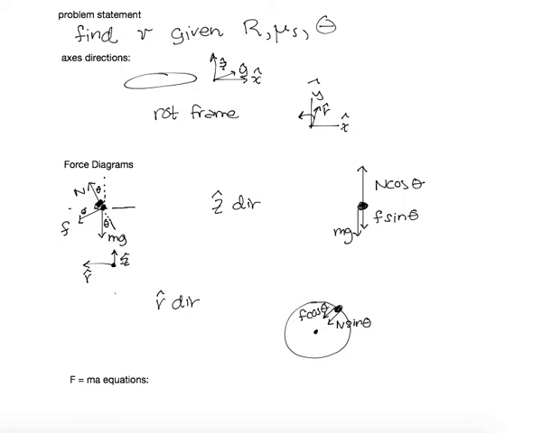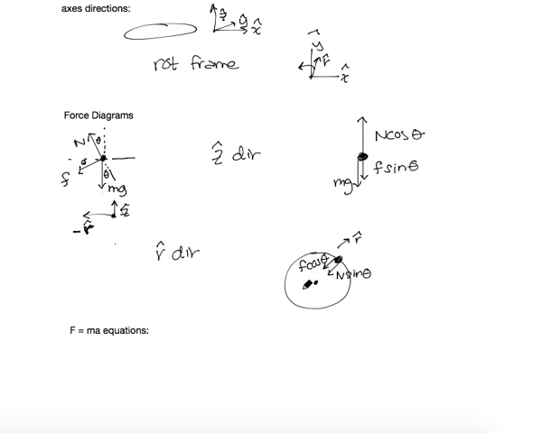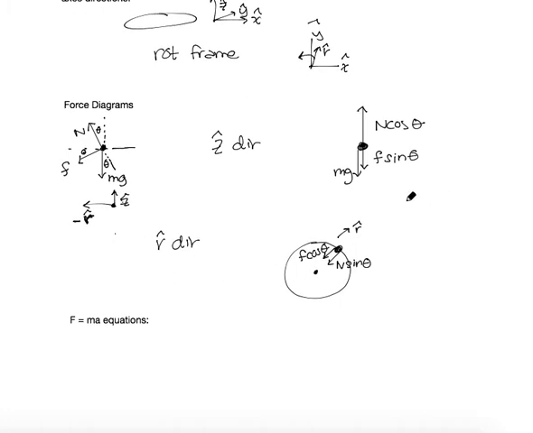So f cosine theta and f sine theta. Then this is the negative r hat direction right there. Hopefully you see the directions here.